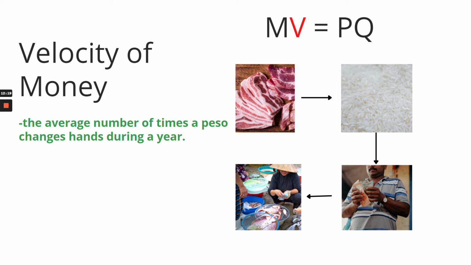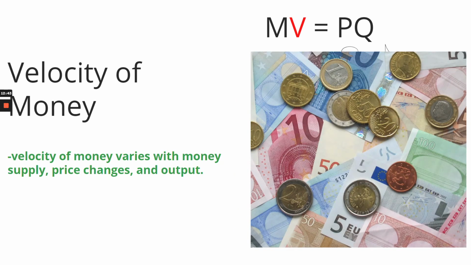So gibayad niya ang kwarta. Karon ang tindera sa isda nipalit na pod og meat and so on and so forth. So murag naga-circulate ba ang kwarta, no? Wala nagpundo sa isa ka lugar. So mao nay gitawag nga velocity. Kapila nag-circulate ang kwarta. Kapila siya ni change of hands. And also, velocity of money varies with money supply, price changes, and output. So, nakadepende siya sa supply sa kwarta, sa changes sa price, o sa output.